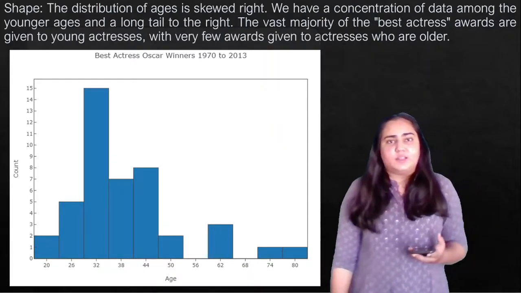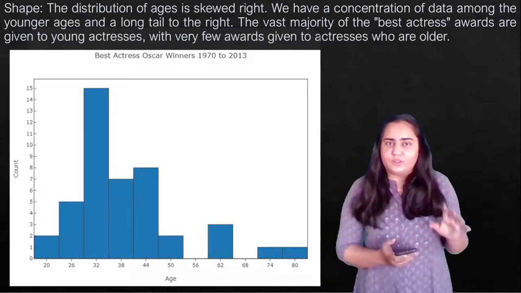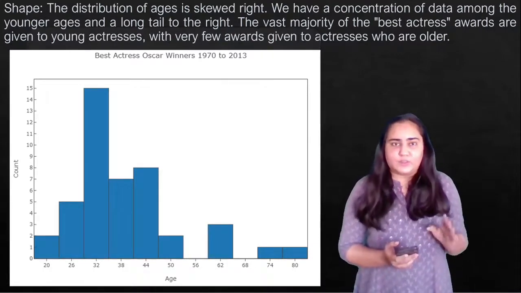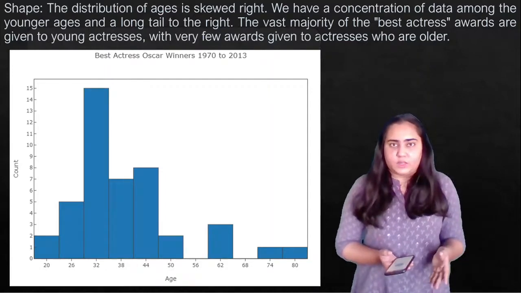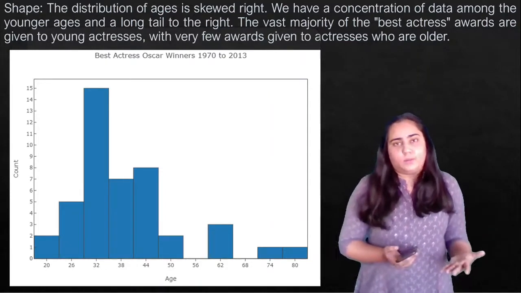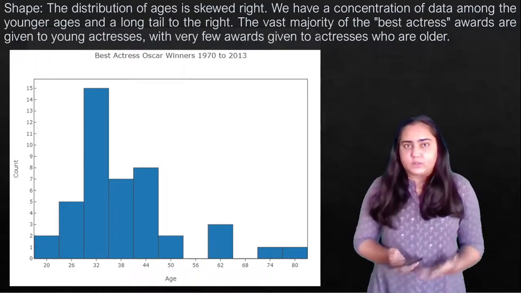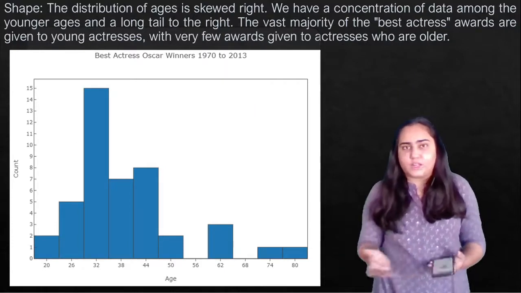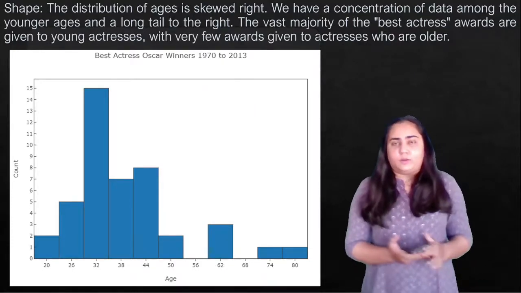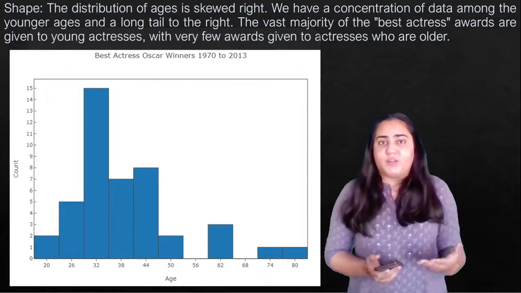You can say that the distribution is skewed right, because it's definitely not symmetric. If I drew a line right in the middle, it's definitely not going to be the same on the left and right. So this is a skewed right histogram. It is flat on the right side, but rising on the left side. And we have a concentration of data among the younger ages.